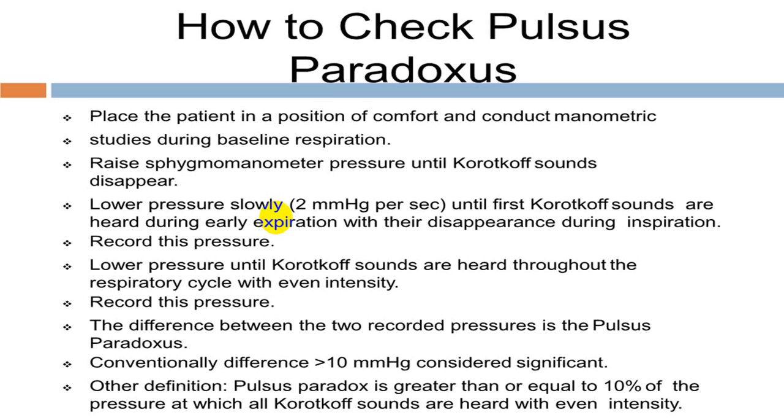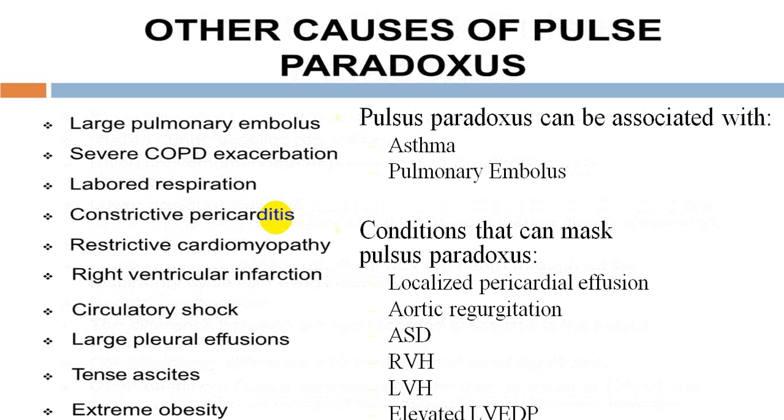The difference between the two records, if it is more than 10 to 20 millimeters of mercury, we call that pulsus paradoxus. Because during forceful expiration, the cardiac output will increase, and that will bring back the blood pressure, while during inspiration there is a decrease in the cardiac output and there will be a fall of blood pressure during deep inspiration, and that is the way you try to measure by blood pressure.